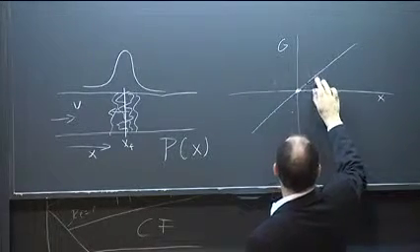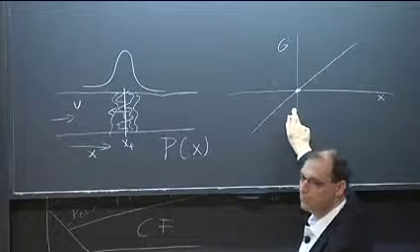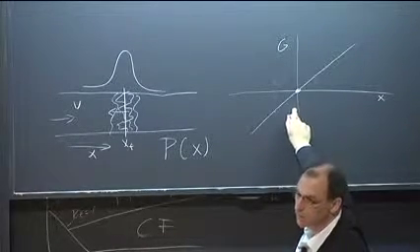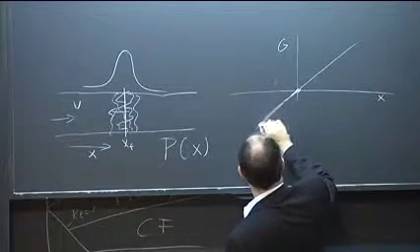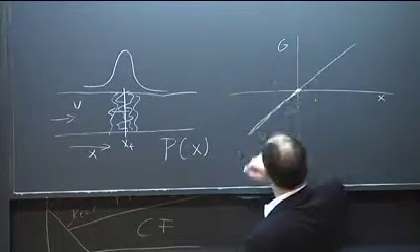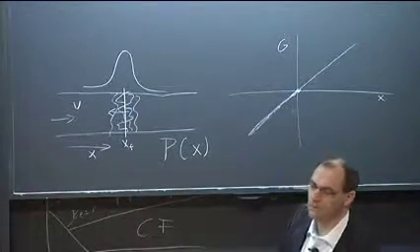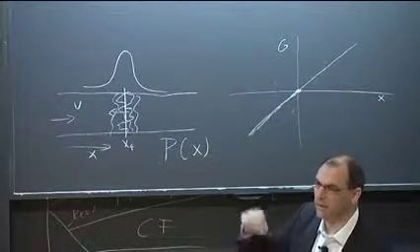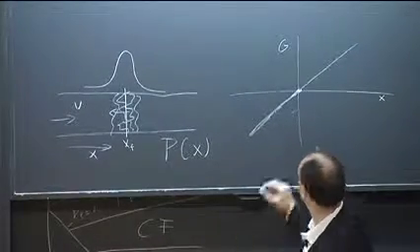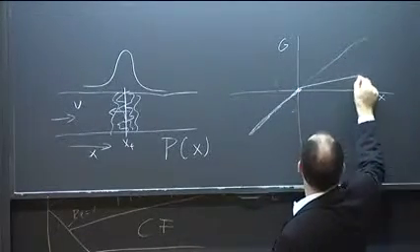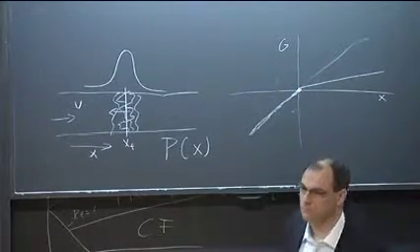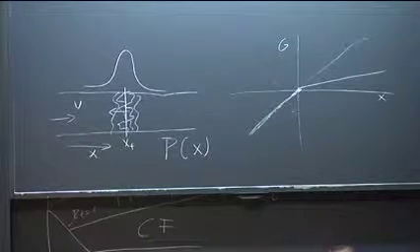I want this to be X on the unburned side. Okay? So I get this again. But I want it to be x divided by 2 on the burned side. Okay? And then it looks like this. There's nothing wrong with it.